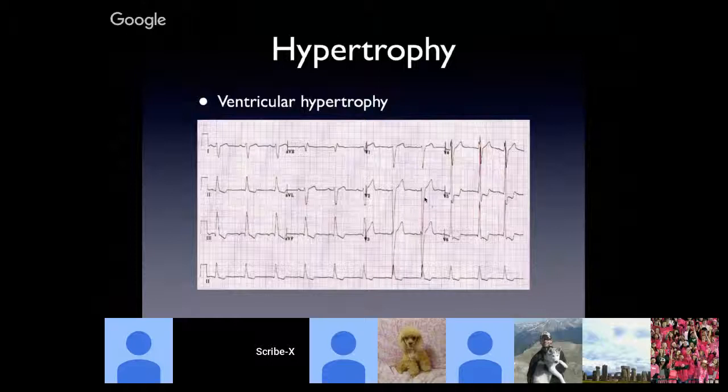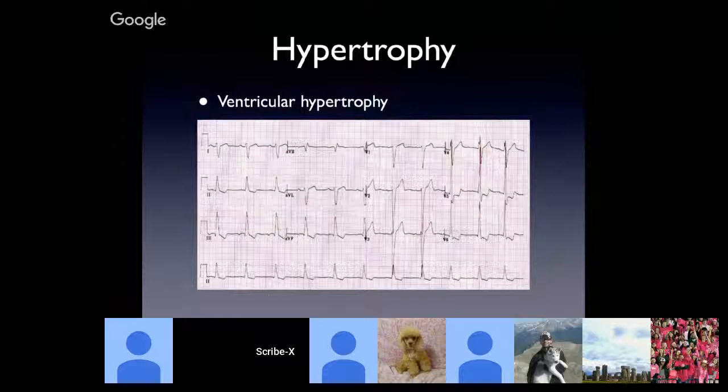If it's greater than, I think it's 35 millimeters, or 7 big boxes, then that constitutes left ventricular hypertrophy, or LVH. And LVH is a sign that your heart has been working against extra pressure for months and years, and you've developed extra left heart muscle, which is pathologic.